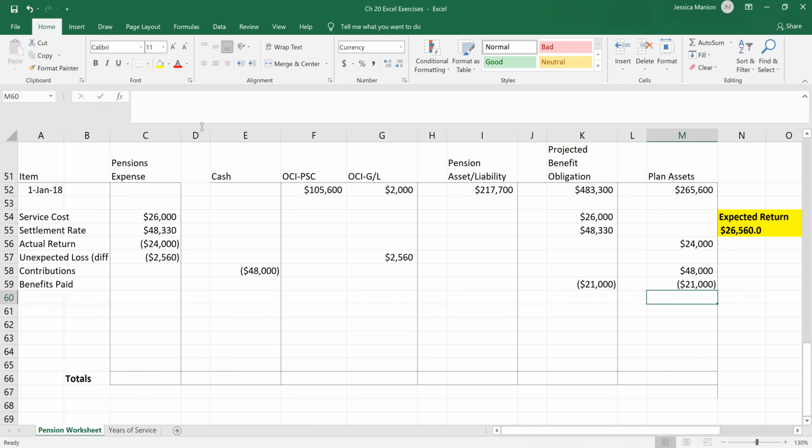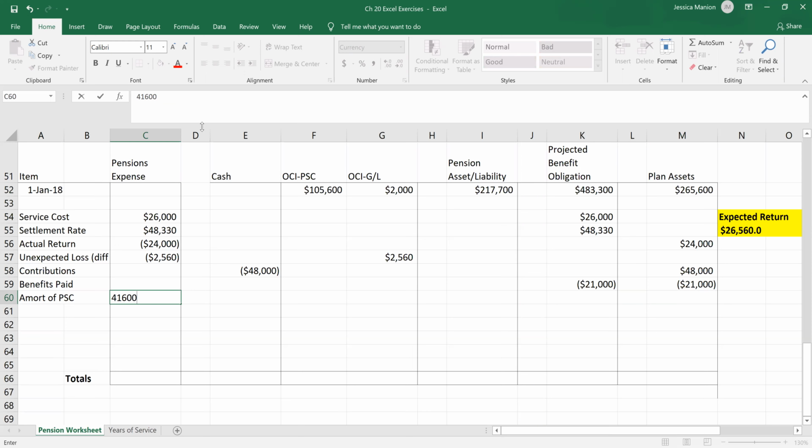All right, what's the next thing they give us? Amortization of prior service cost. And so that amortization, they tell us 41,600. That increases our pension expense.